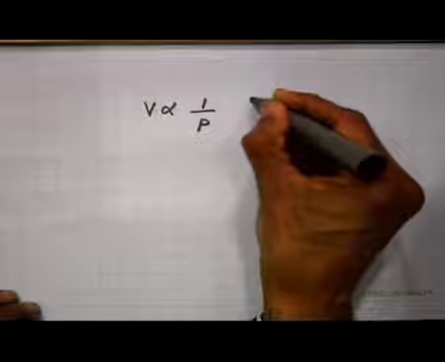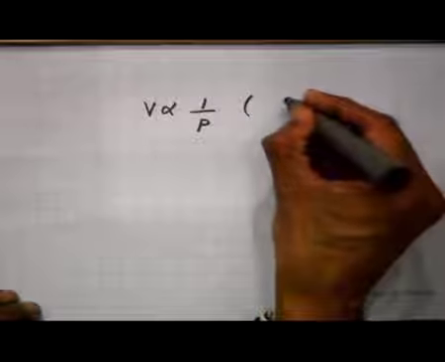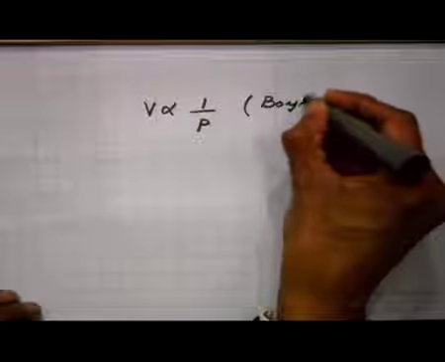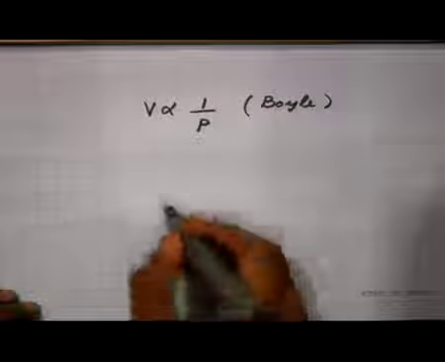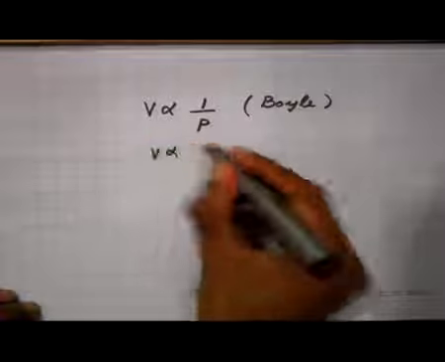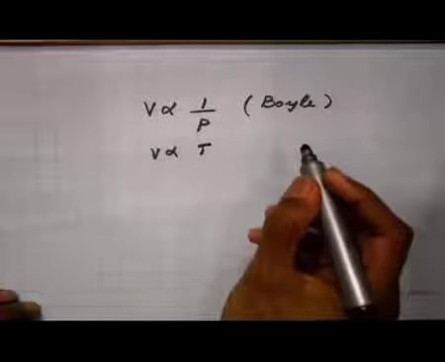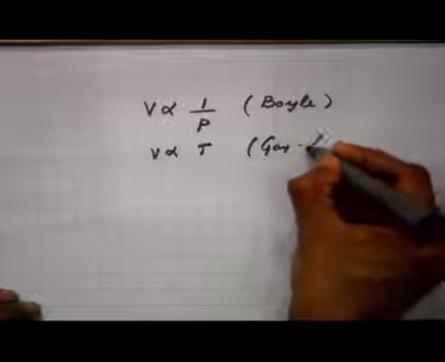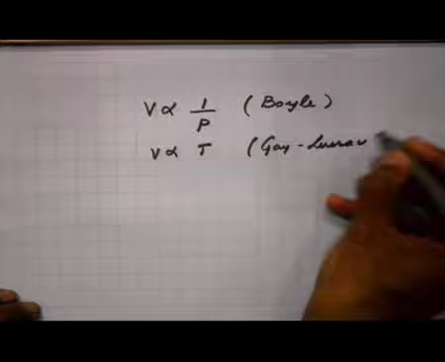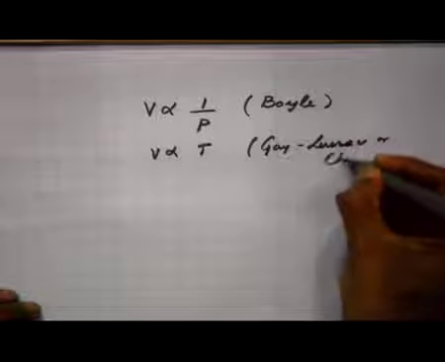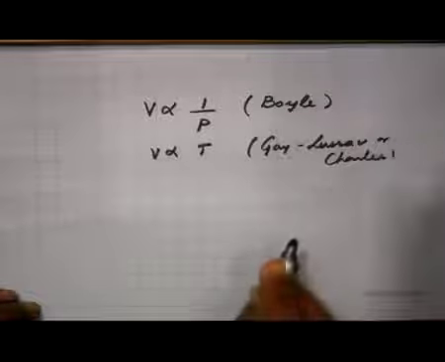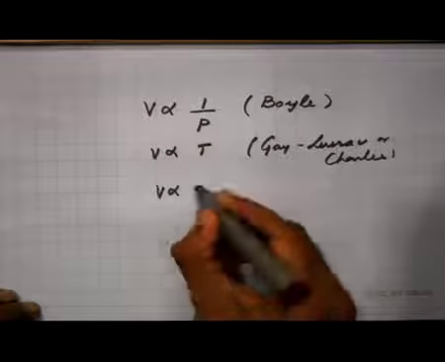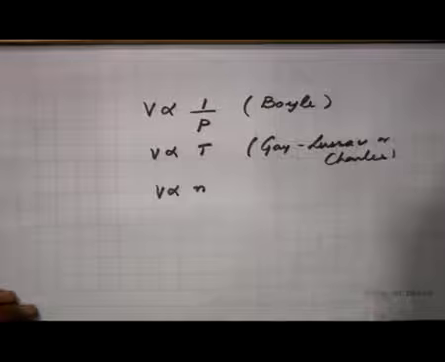This is due to Boyle. We know that V is proportional to T. This is attributed to either Gay-Lussac or Charles. And according to the Avogadro hypothesis, V is proportional to N.